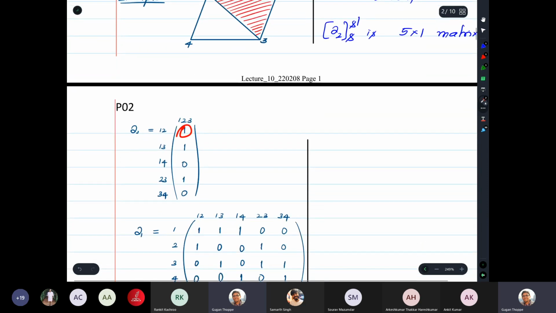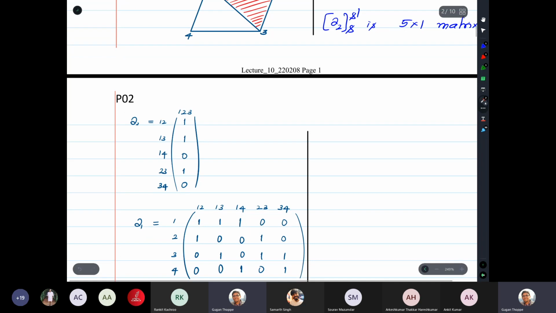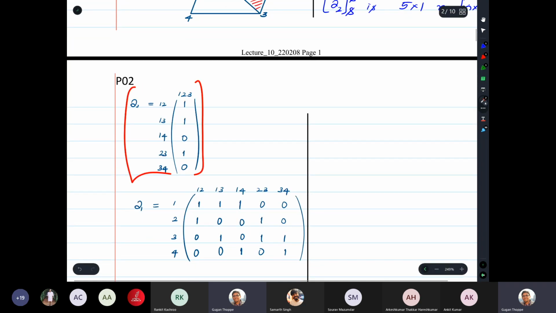If you memorize, you will have the issue that if I change the underlying field and so on, the memorized rule will not work. However, if you understand exactly the reason why we have these ones and zeros here, it will be very natural if you change the underlying field. All right, sounds very good. So this is how the ∂2 matrix is.